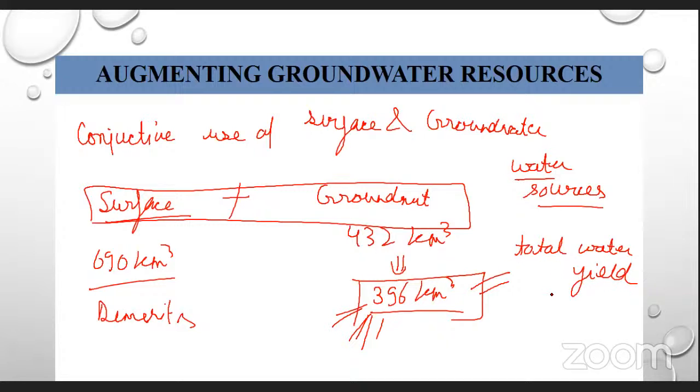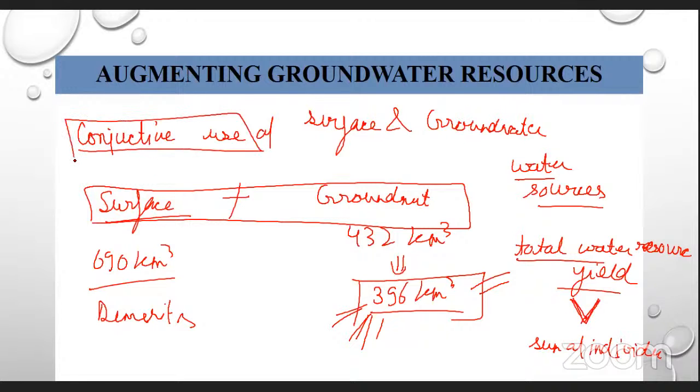This total water will always be greater than the sum of the individual sources. So conjunctive use here just means that we are using different, multiple water resources together.